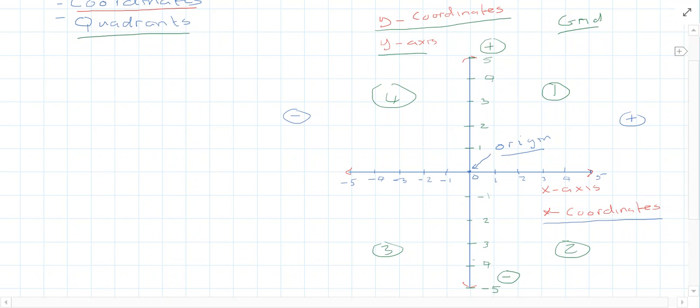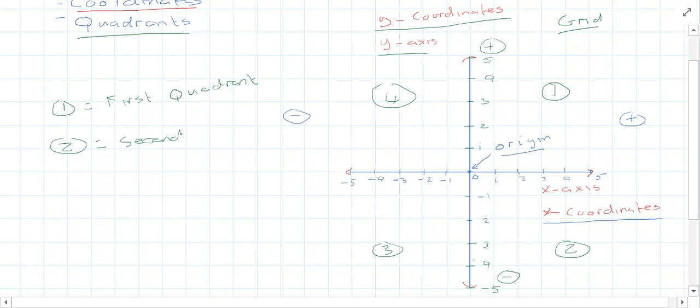This one is the first. So 1 is equal to the first quadrant. 2 is equal to the second quadrant. 3 is equal to the third quadrant.